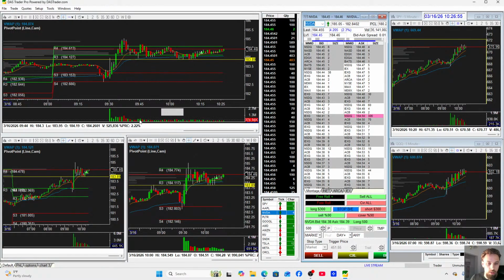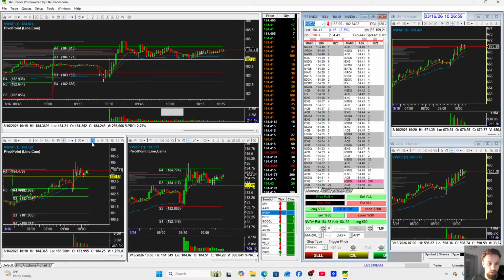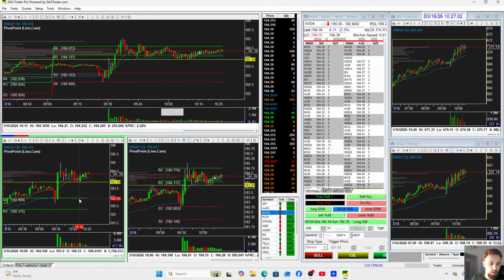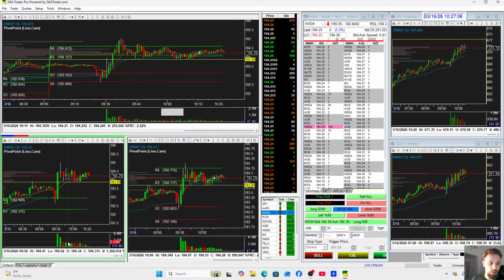Again, nothing going on volume-wise, guys. On the 5-minute chart here, you can see the volume's just very null right now.